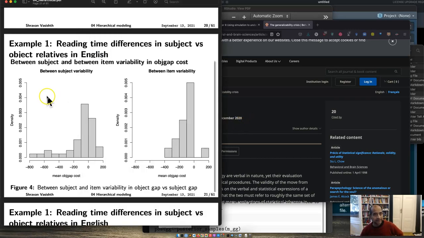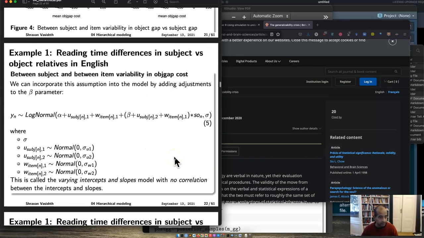People get confused about this, because they always think about null hypothesis significance testing. Is the effect significant or not? That's not even the point. We are trying to model reality here. We want to take the variability seriously when we are trying to understand reality. And so between subject variability and between item variability will be taken into account.